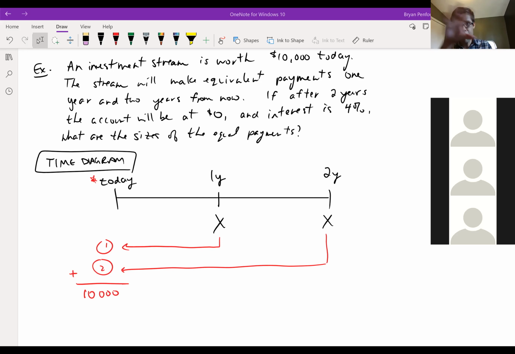That's the total fair market value today. Now, the nice thing about this question is our T numbers are going to be nice and easy. So we have T equals 1, T equals 2. And our rate is given as 4%. So this is what I would consider a very good time diagram. It gives me a nice step-by-step procedure that I'd like to see when I solve a question like this.